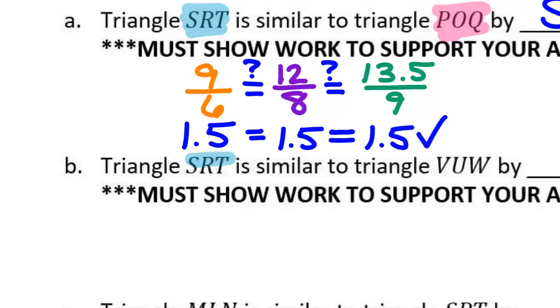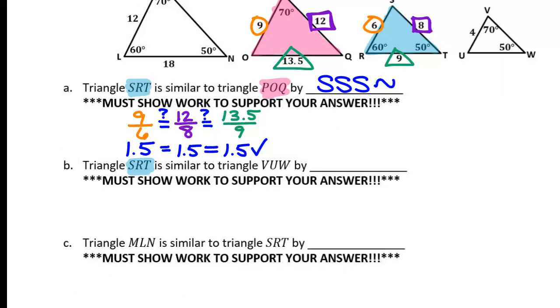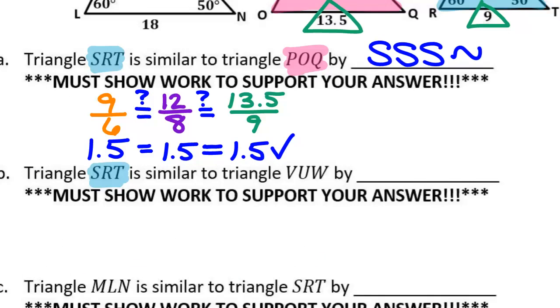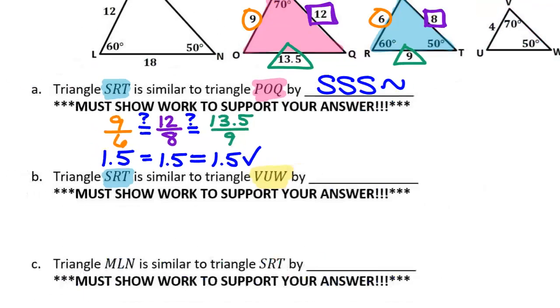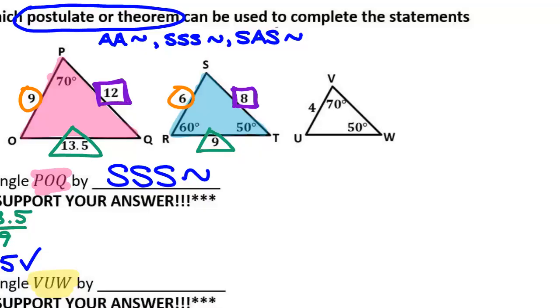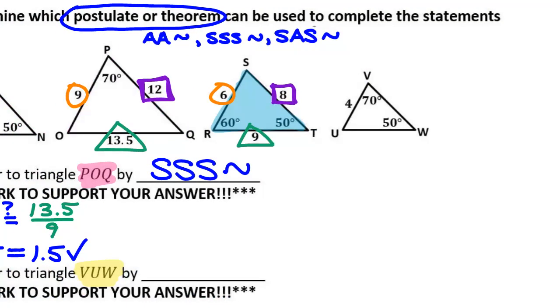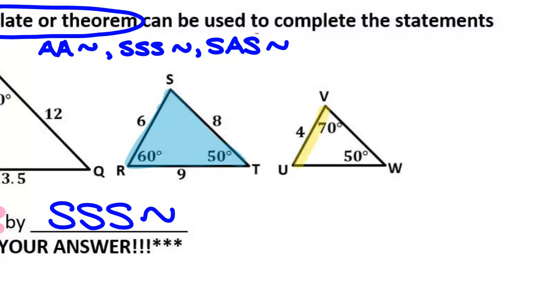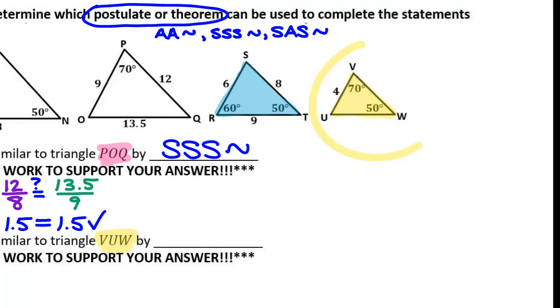Part B, still looking at triangle SRT, but now we're also going to look at triangle VUW. So SRT stays. VUW is what we're going to compare it to. Can I try side again? No, I don't have all 3 sides on VUW.